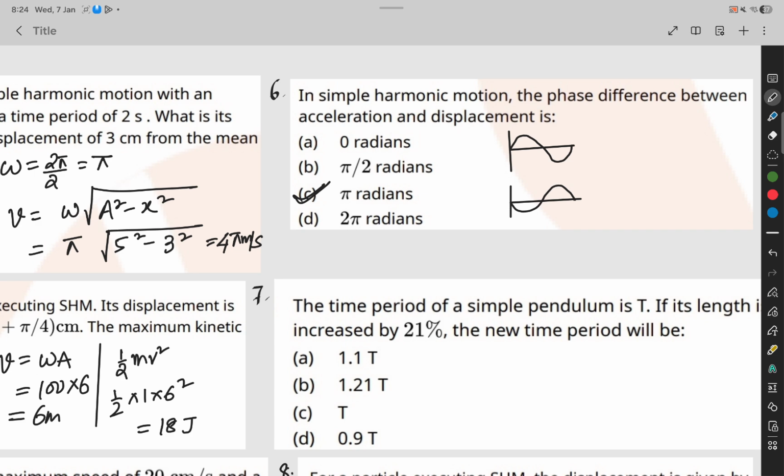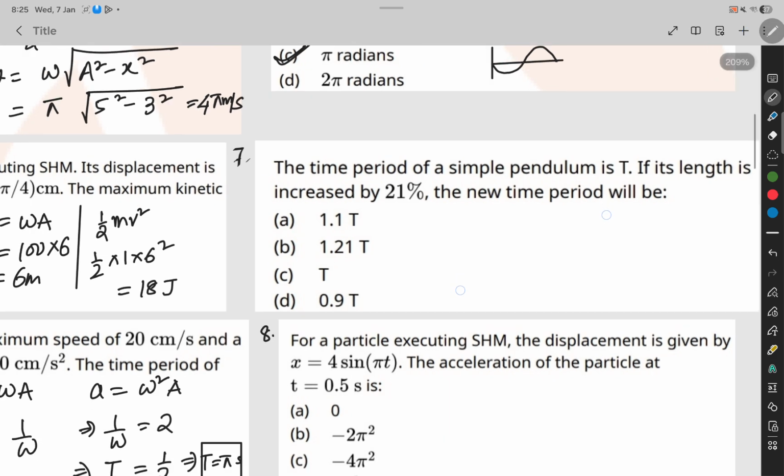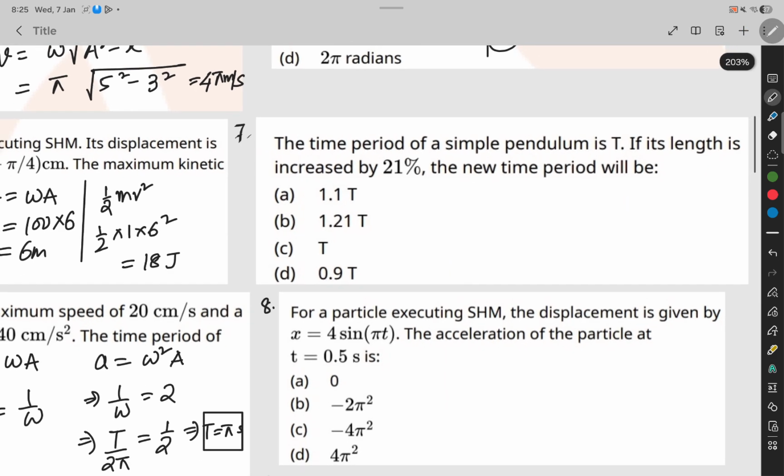Okay, now next question, question number 7. The time period of a simple pendulum is T. If its length is increased by 21%, the new time period will be, so T equal to 2 pi root over L by g, and T dash equal to 2 pi root over L dash by g.